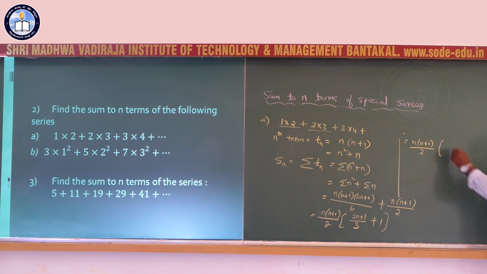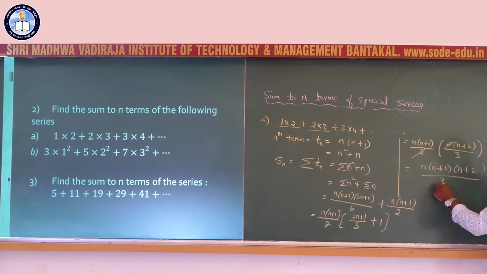In these two, 2 is common, 2 into n plus 2 by 3. That is equal to n into n plus 1 into n plus 2, I cancel 2 by 3. That is the sum to first n terms of the given series.